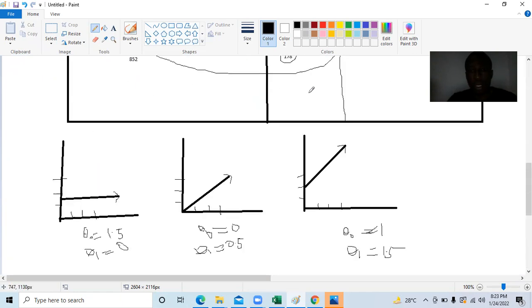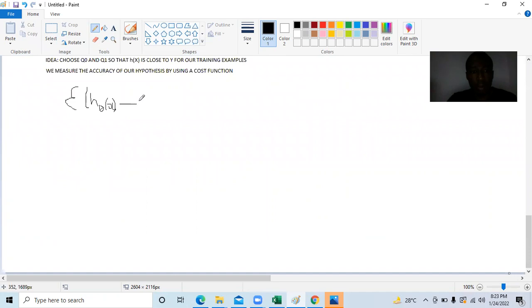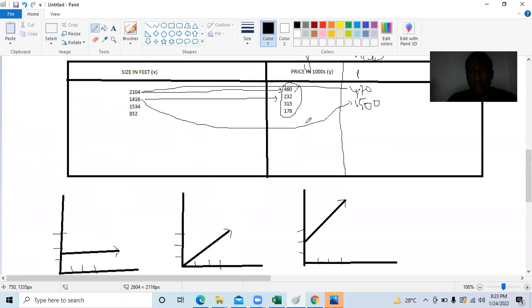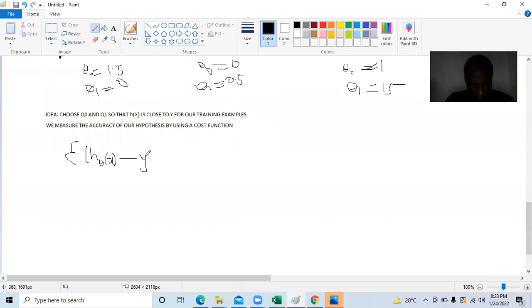H of x is our predicted variable, don't forget, minus our actual variable. So we are trying to say this minus this, all squared.